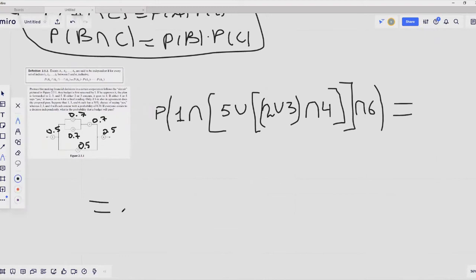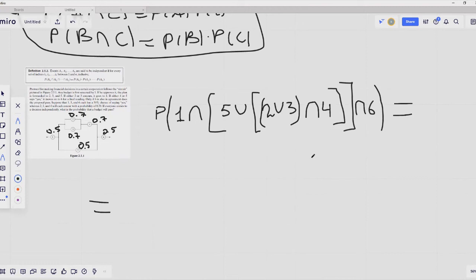Now, if all of these financial analysts make their decision independently, then any intersection that we can imagine can be defined as the product of their individual probabilities.